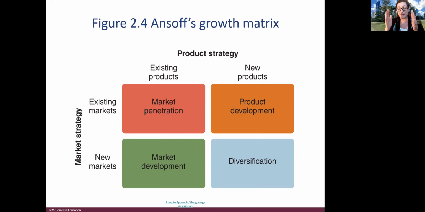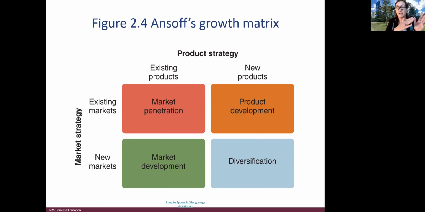When we take our existing products and we target new markets, markets that we haven't targeted before, then we are talking about a market development strategy. For example, when we take our existing products into foreign markets, that's a market development strategy.